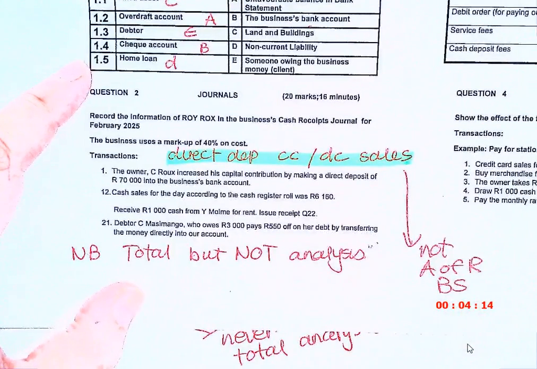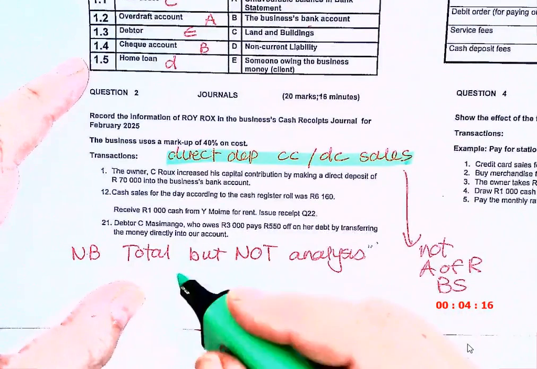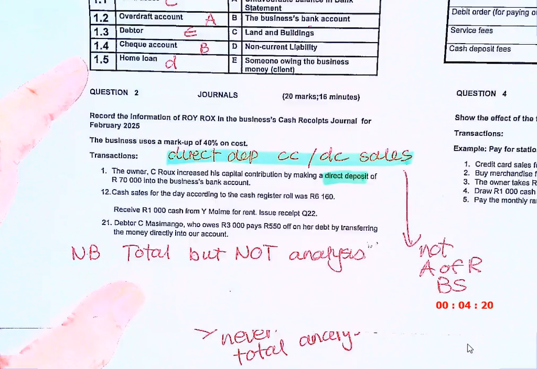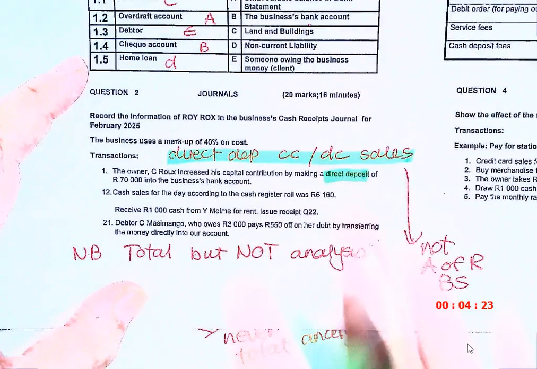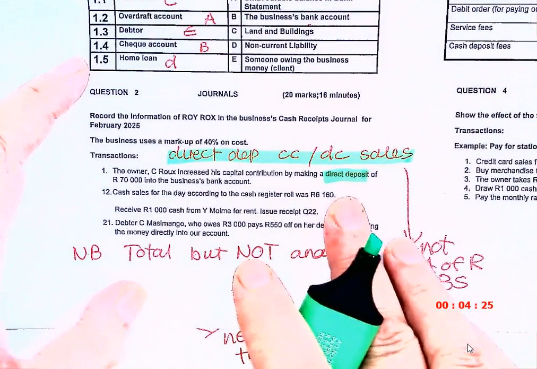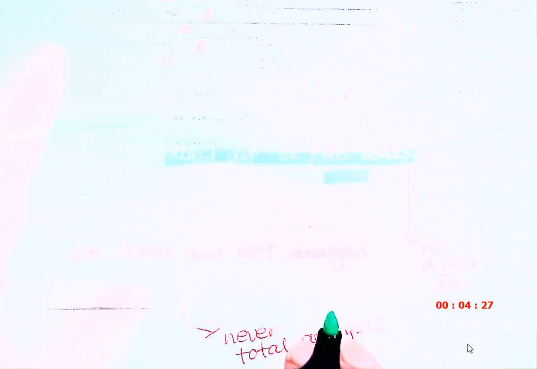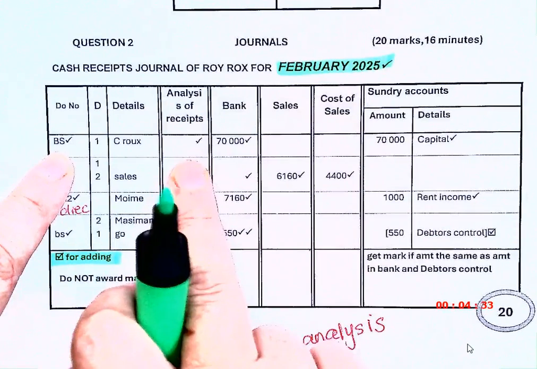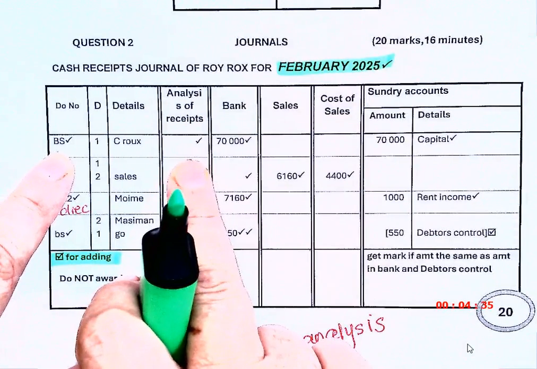So now let's quickly read here. They say here, the owner increased his capital, making a direct deposit. So just by being able to see that word, you can already get a tick here for bank statement, and get a tick here because you didn't put it in analysis. So that's already 2 ticks.